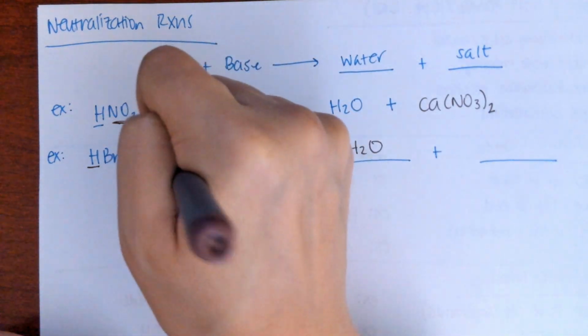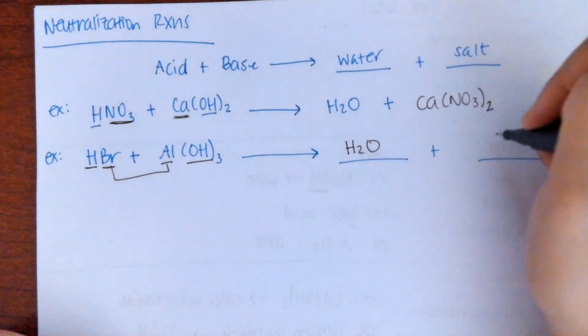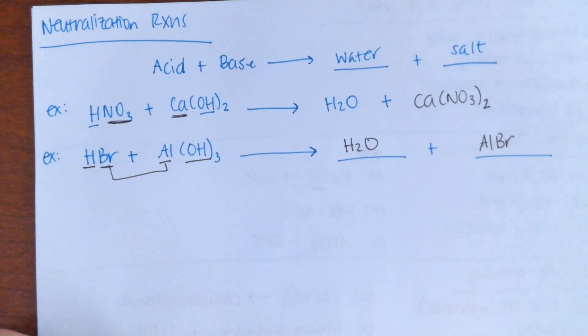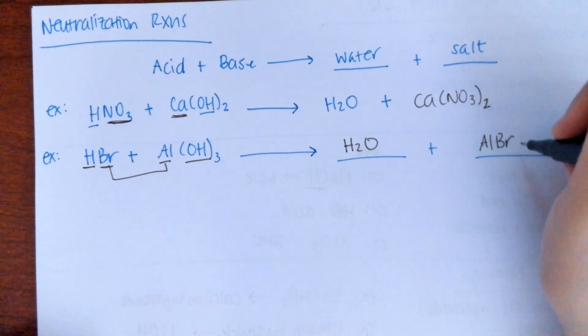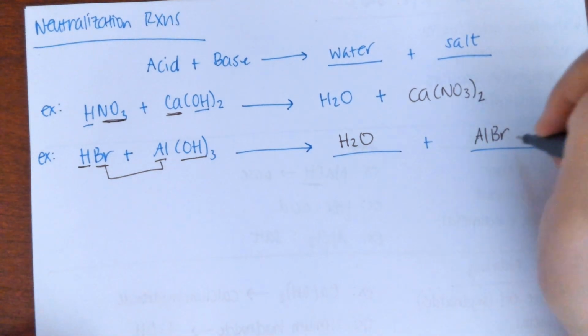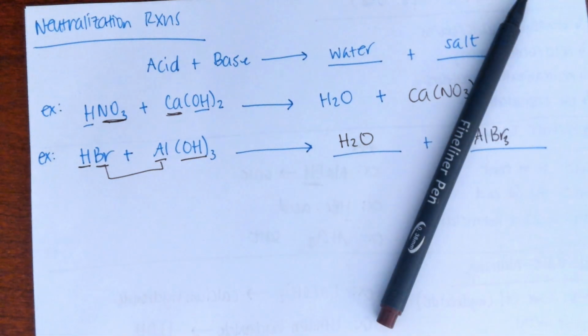And then what's left is Al and Br. What are the charges? Aluminum is +3. Br is -1. So the 3 goes where? Next to Br.